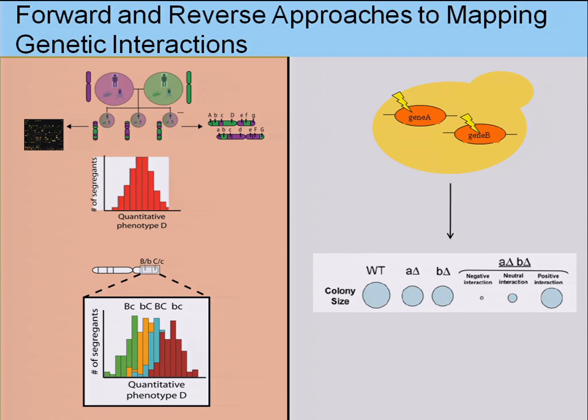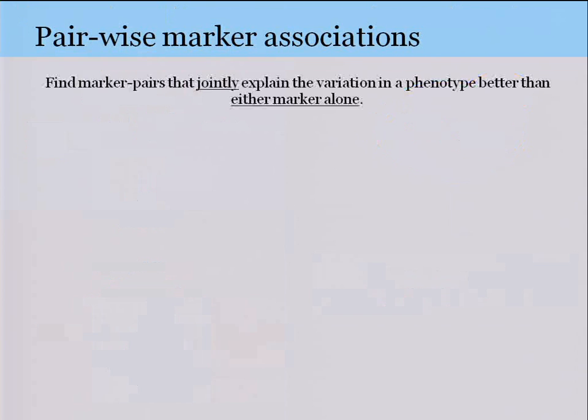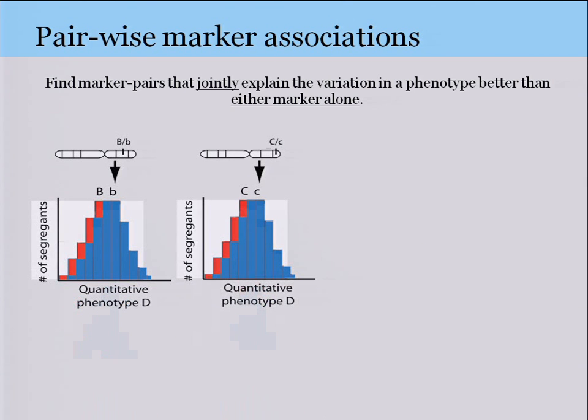These studies usually start with a particular population that already has some continuous variation in a phenotype, and you map that to sequence variation in the population. You do this in terms of pairwise marker association. The goal is to find marker pairs that jointly explain the variation in a phenotype better than either marker alone.